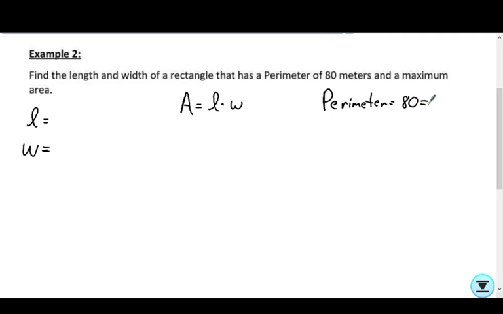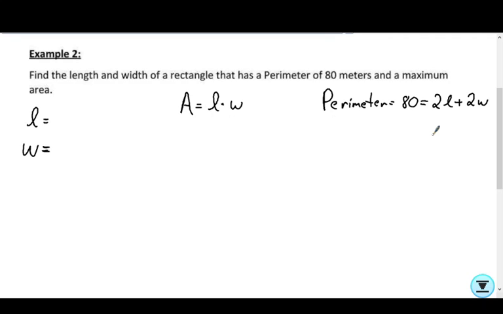Well, what's the equation for the perimeter of a rectangle? That's 2L plus 2W. Okay? So my primary equation is my area equation, and my limiting or my secondary equation is my perimeter. That's what's limiting it. Okay?